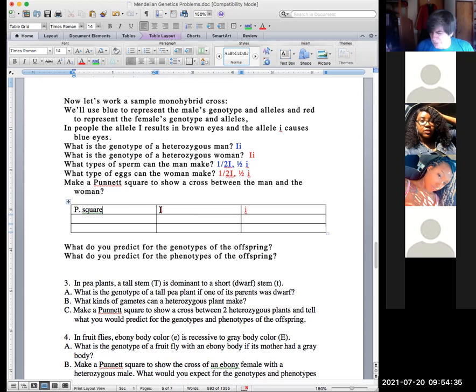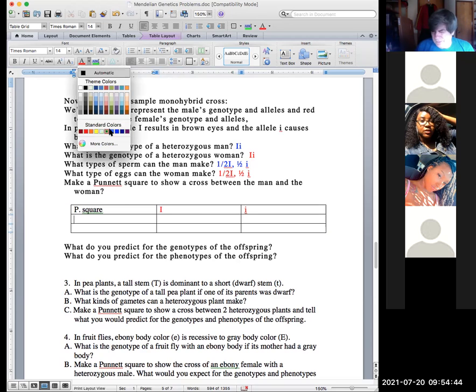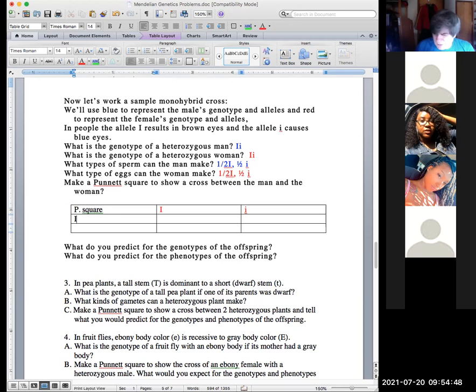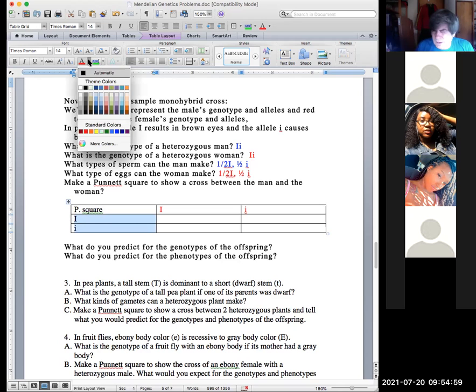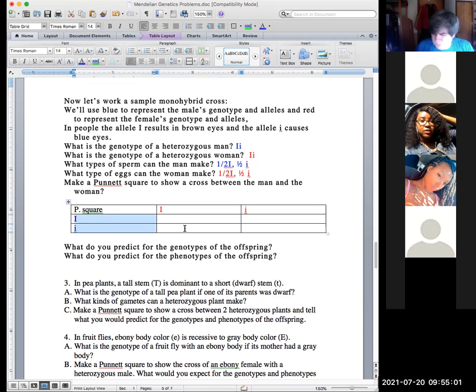We're going to put the different types of eggs that the mother can make across the top, and the sperm that the father can make across the rows. I like to keep my colors because that way I can keep track of everything.